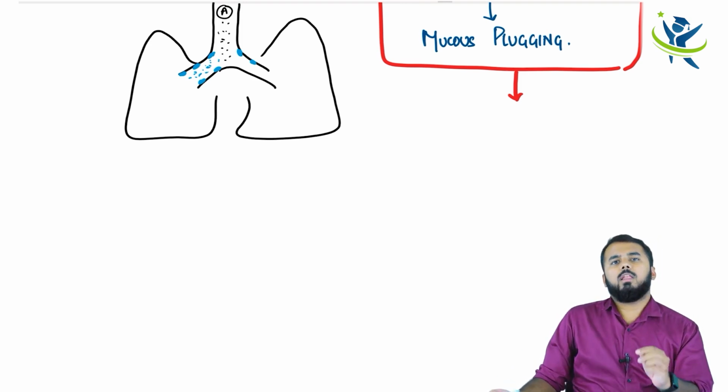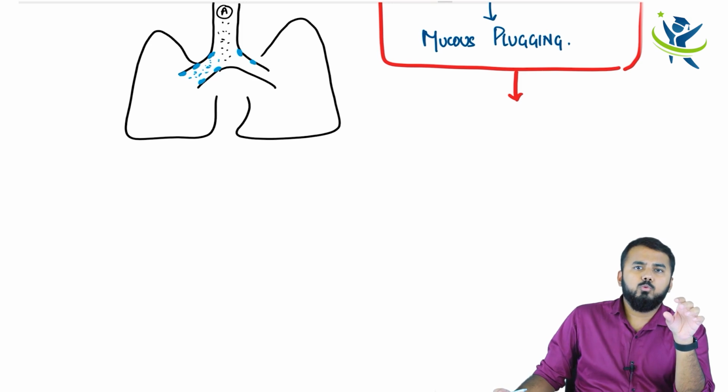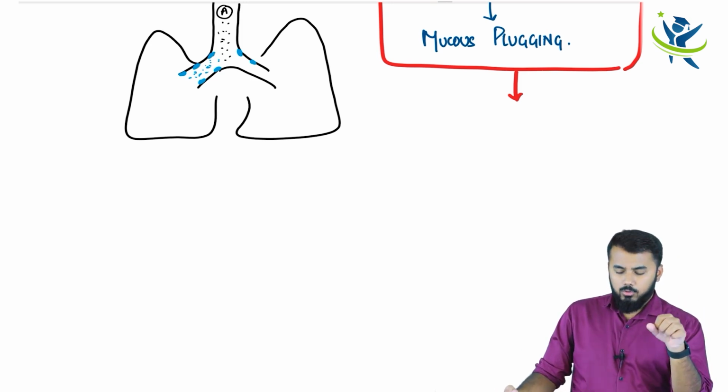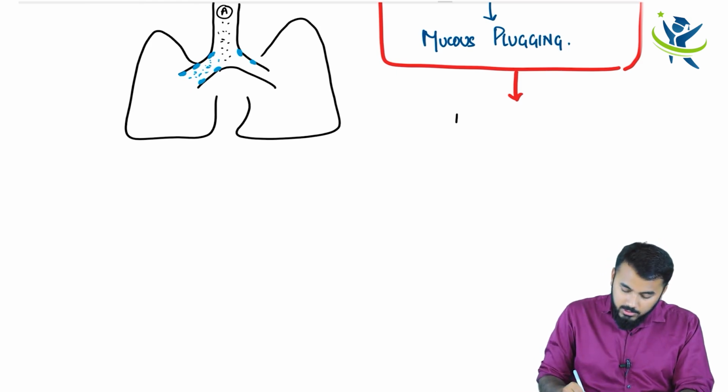In the asthma patients, what will happen? There will be bronchial smooth muscle spasm because of the inflammation and all. So, the patient will have exacerbation. So, in these patients also you would see exacerbation.